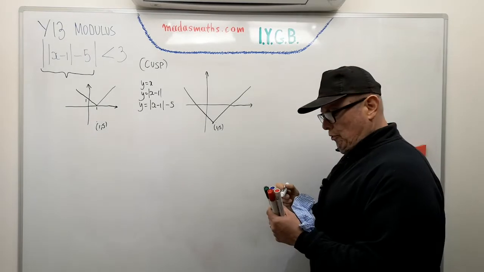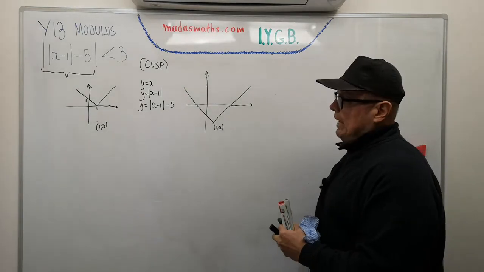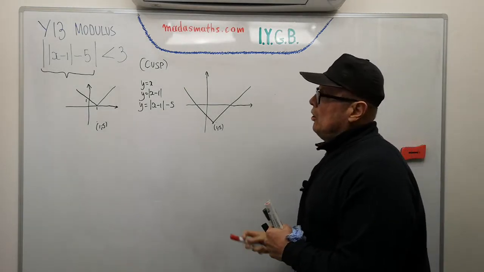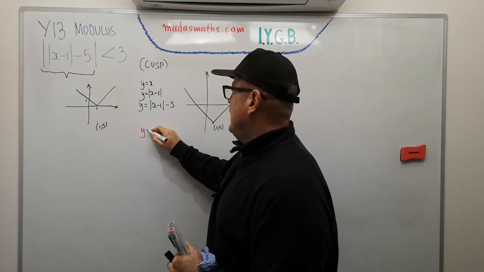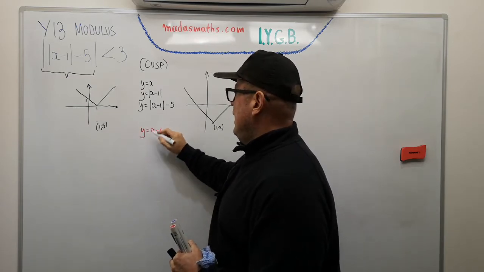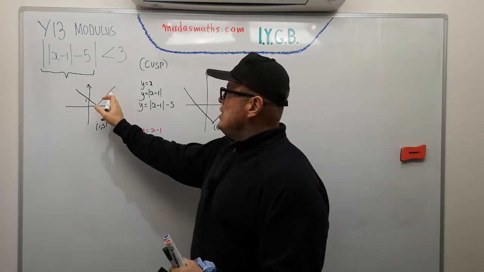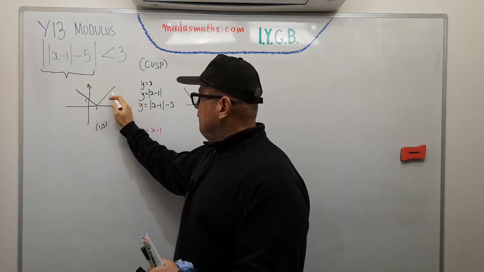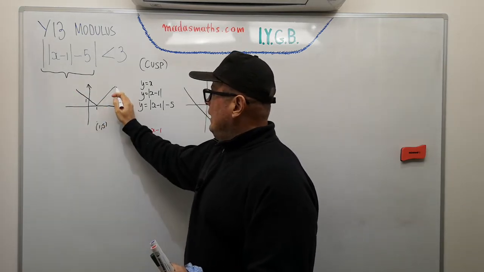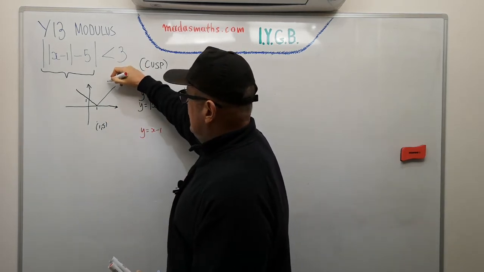So let's go back to the original graph and just do a little bit of analysis. That's the graph of y is equal to x minus 1, and then we modded it and we got this particular thing. What are the equations of the individual lines that I'm seeing there, this one here and this one here? Well, quite clearly this is the original y is equal to x minus 1. So I'm going to label it.